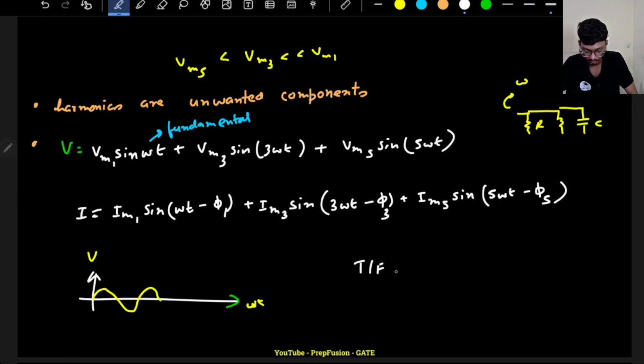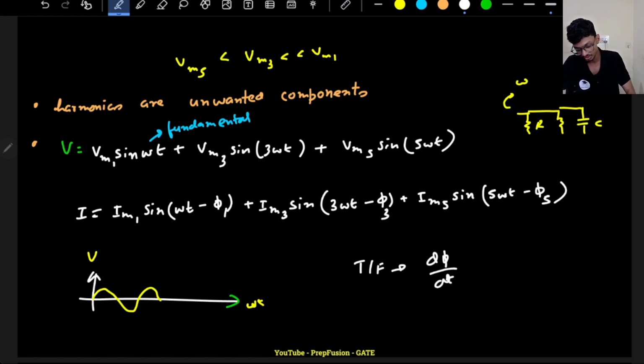How does a transformer work? We differentiate the flux, the magnetizing current is developed, and induced voltage is developed. So if the input voltage of the transformer is not sinusoidal, the flux will not be sinusoidal. If flux is not sinusoidal, then the induced voltage on the other side also will not be sinusoidal. So these are the problems basically.